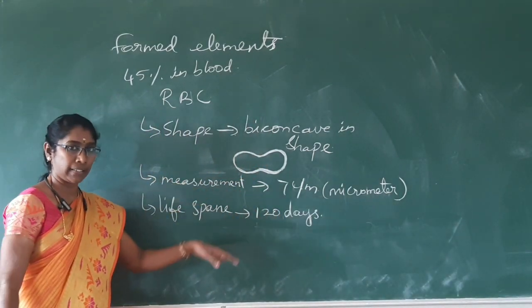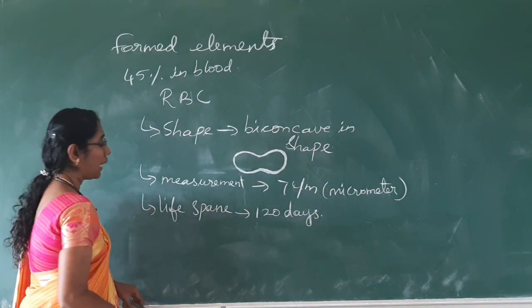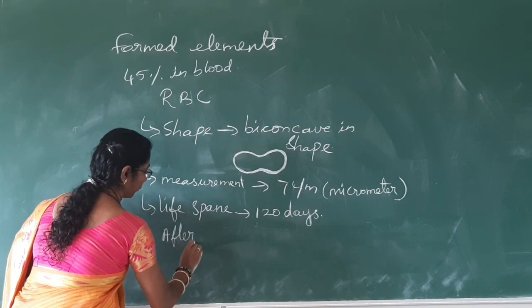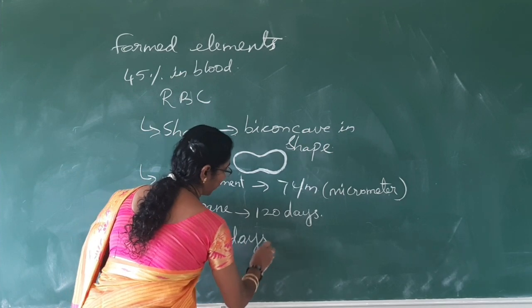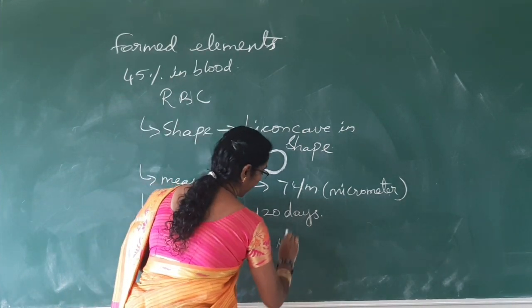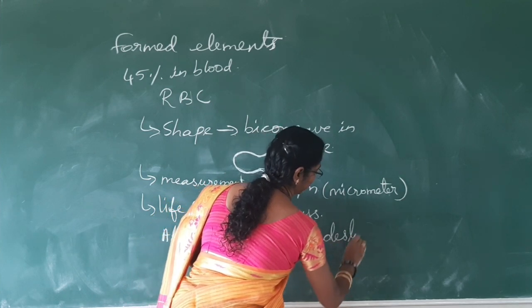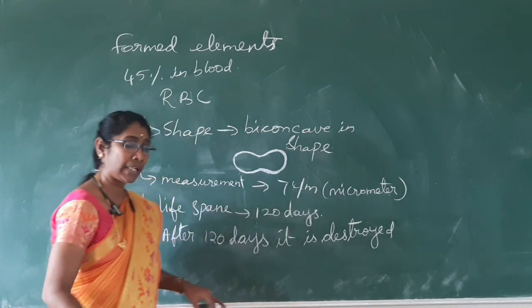After 120 days, what happens to this RBC? It will get destroyed. Where will it get destroyed?